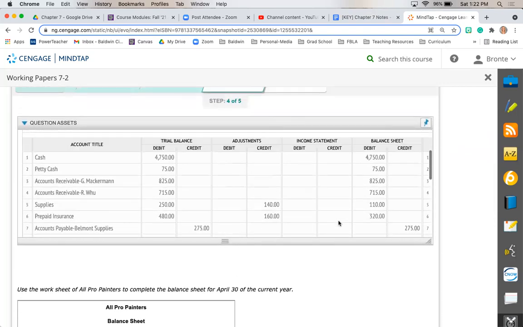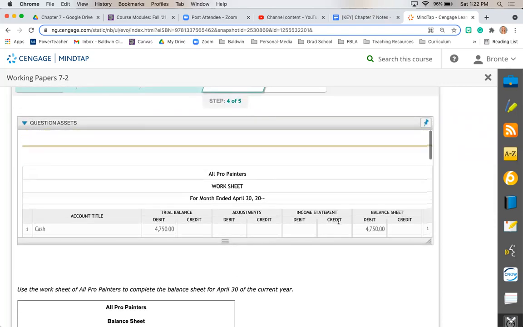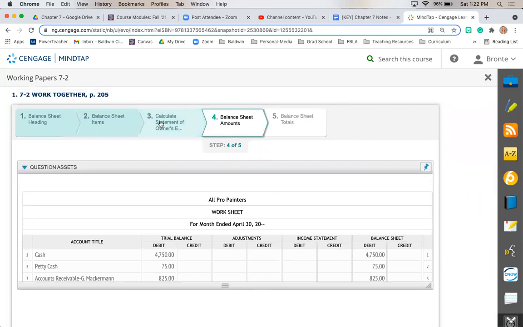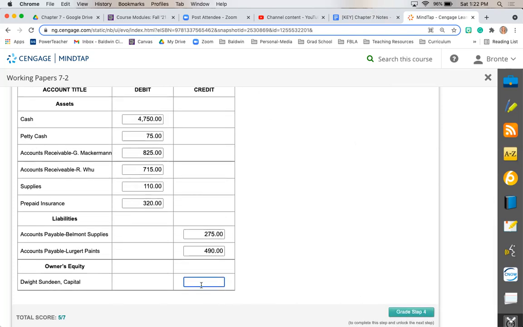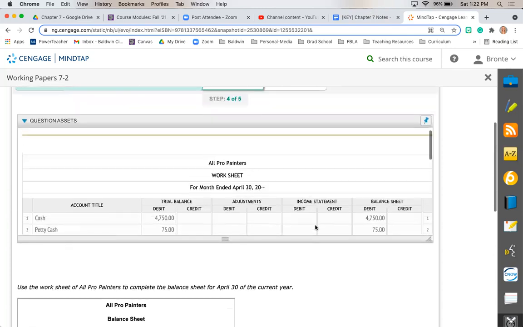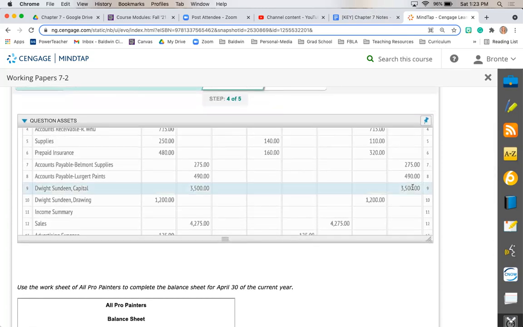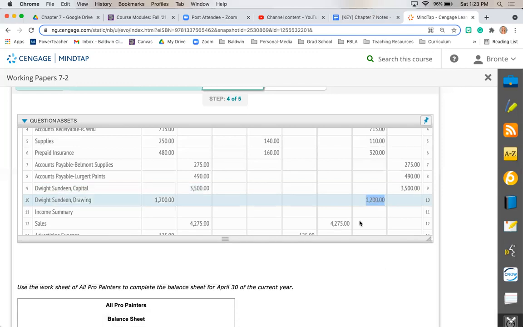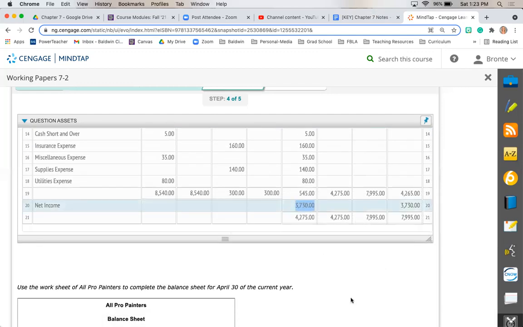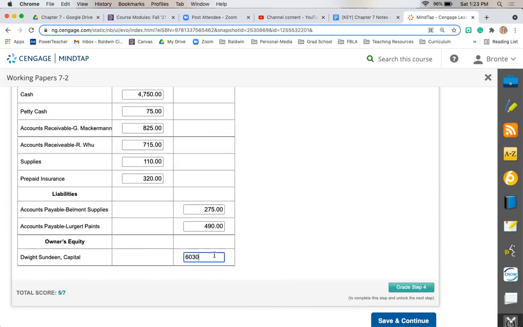This is where MindTap isn't really your friend. What I would do if I were you is just go back a step and pull that amount. Or if you remember it, it was $6,030. If you forgot, it's simply taking starting capital, subtract out your drawing, add in your net income, and that's our total.